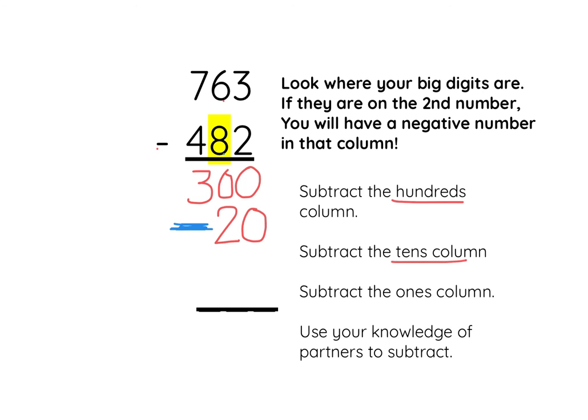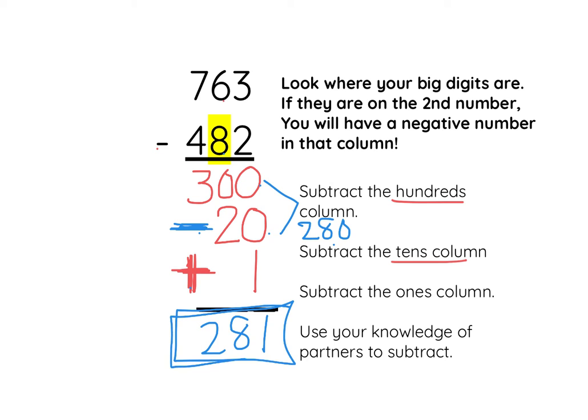That's the tens column. 3 subtract 2 is a positive 1. And notice if it's not a negative, I still write a plus sign, so I will know to add it at the end. 300 subtract 20. Think of your partners is 280. 280 plus 1 is 281.